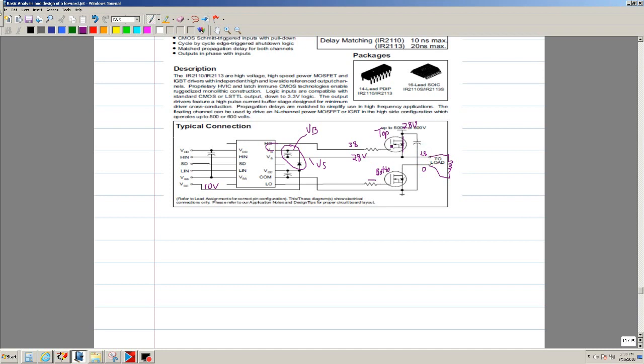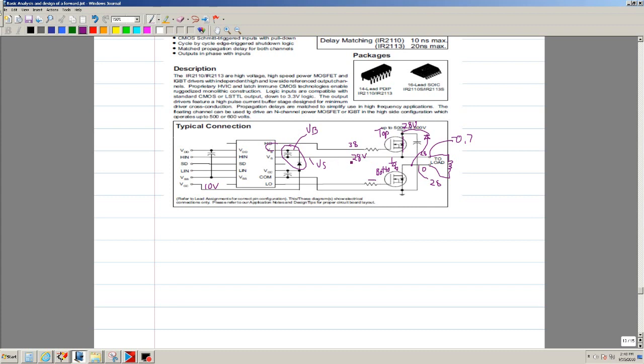Okay, and then when you turn it off, this is going to fly to 0.7 volts, and this is going to fly to 28 volts because there's a diode. Remember, there's a diode that goes from here to VCC, and then there's a diode from here to ground that clamps it. So now if you look in here, this is clamped.